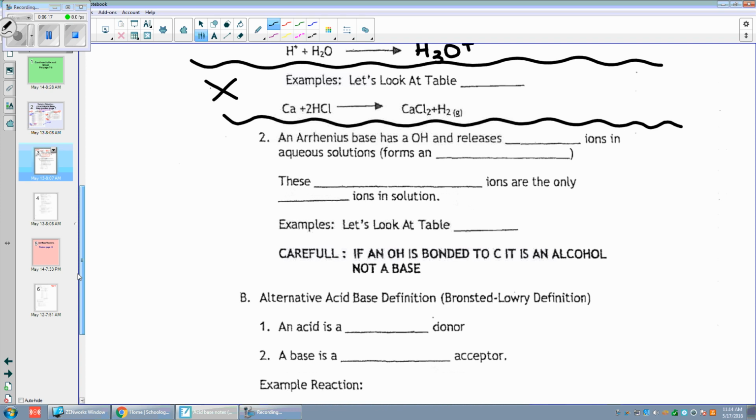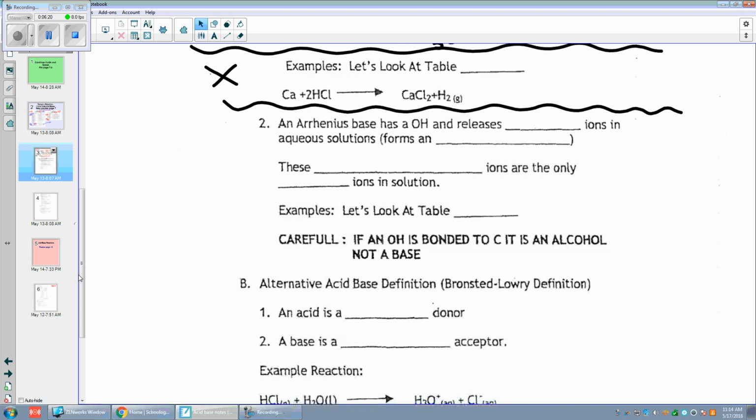Okay, so now to our bases. For our bases, an Arrhenius base is defined as having an OH and releases OH minus ions in aqueous solutions, which form OH minus, called hydroxide. I can get that right from table E. So it forms a hydroxide ion.